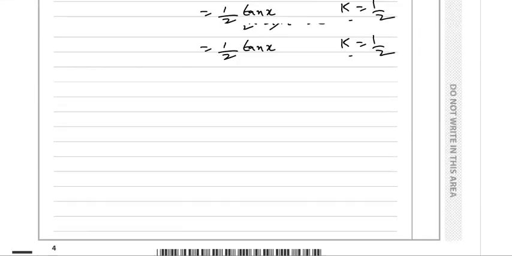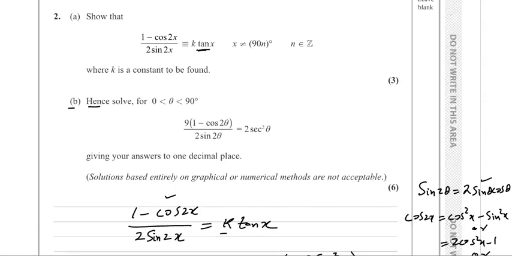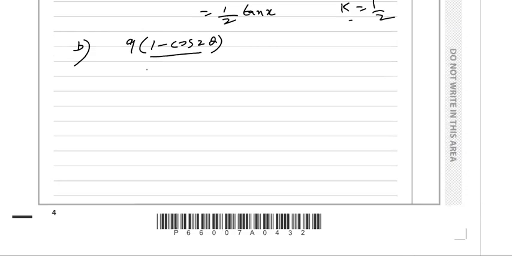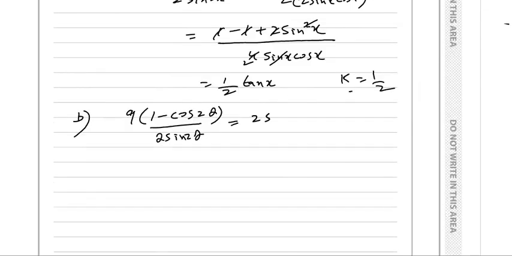So for part B, let me first write what is given: 9 times (1 minus cos 2 theta) over (2 sine 2 theta) is given equal to 2 secant square theta. Okay, it's given.